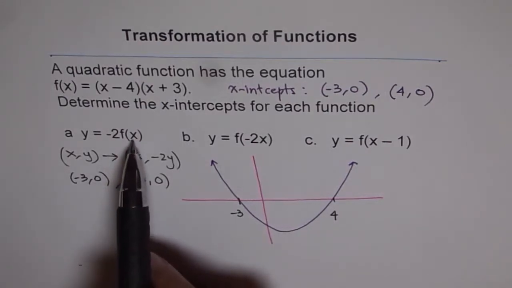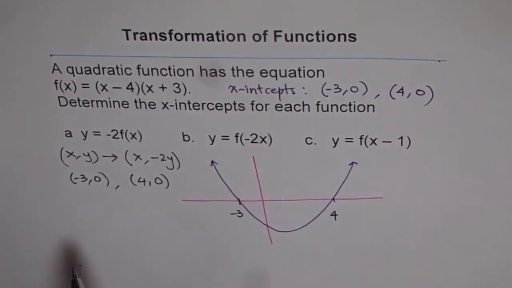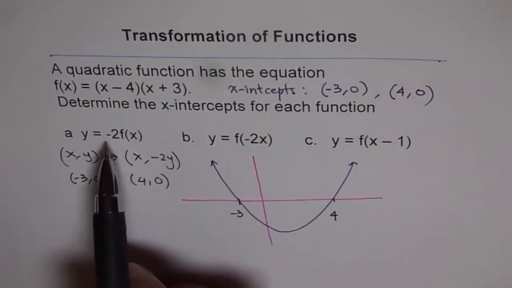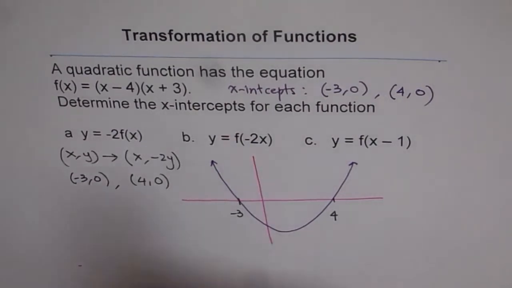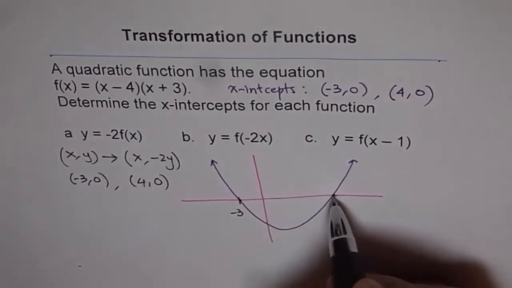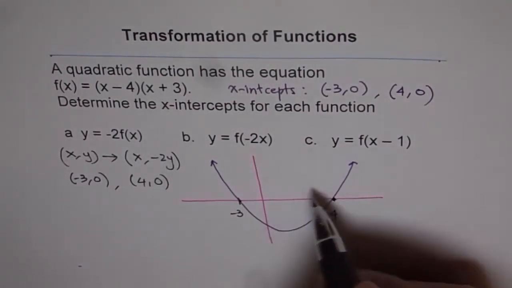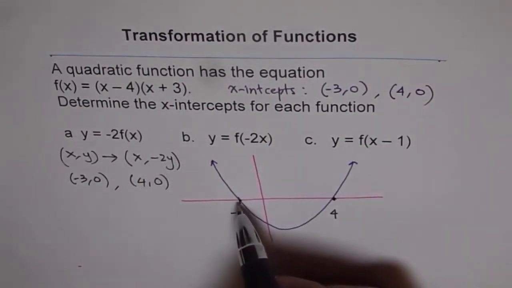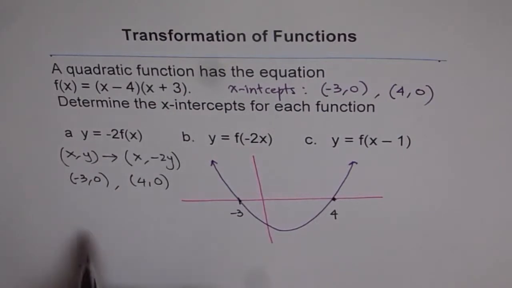Since there is no horizontal translation or compression, x-intercepts will not change, right? With vertical stretch or reflection, what will happen? This point is going to remain there. The graph may flip, it may stretch, but at 0, 0 times anything is 0, so it remains the same. So that is kind of an interesting thing to take.